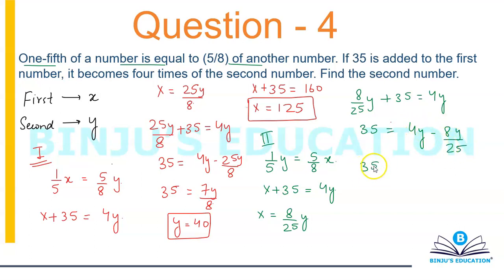So 35 is equal to 100 minus 8, that's 92y divided by 25. So y is 25 into 35 divided by 92. Once you have y, you can also calculate x, which will be 8/25 into whatever this number is.